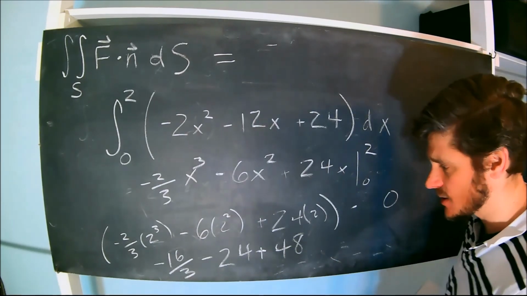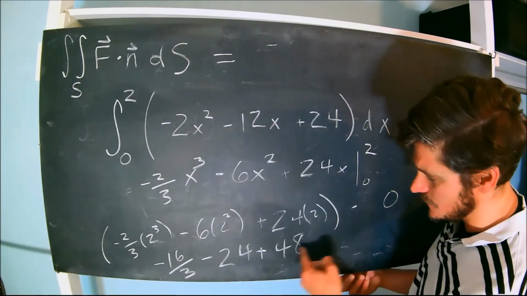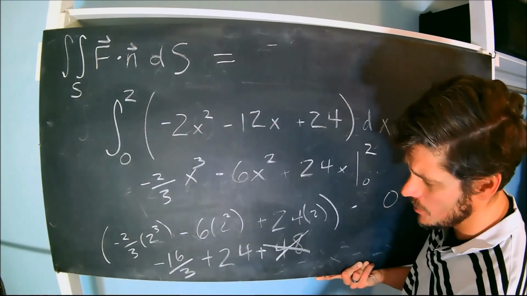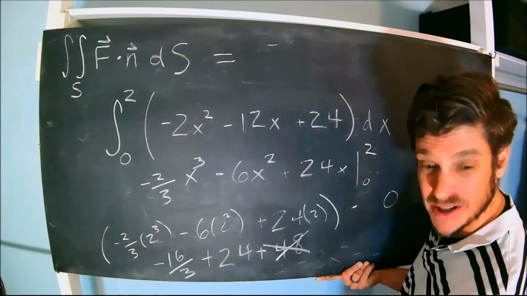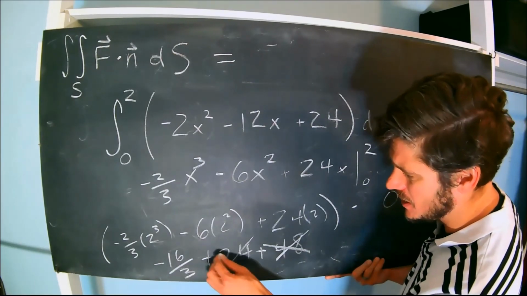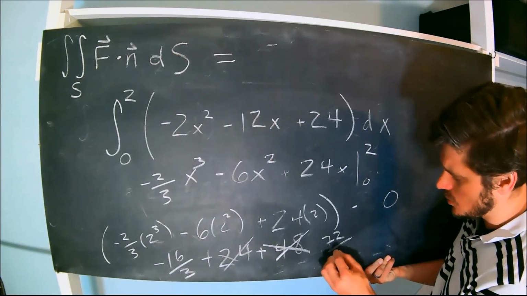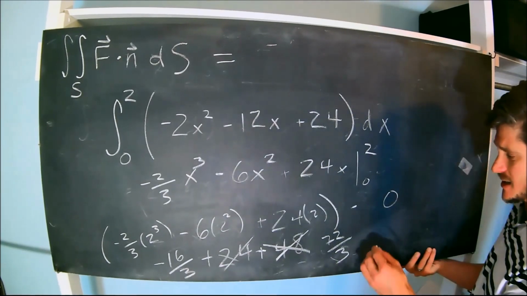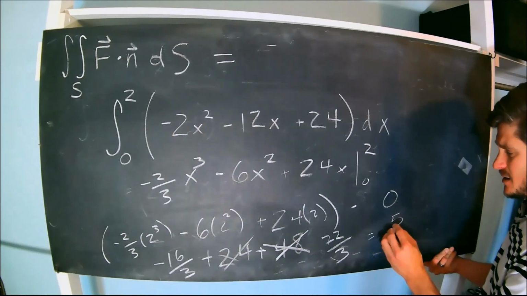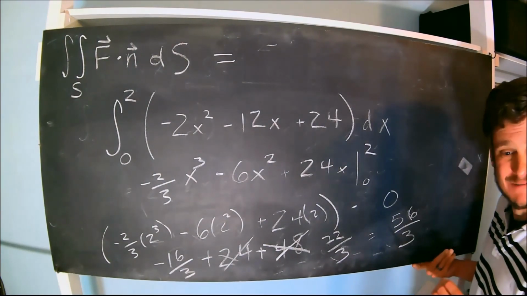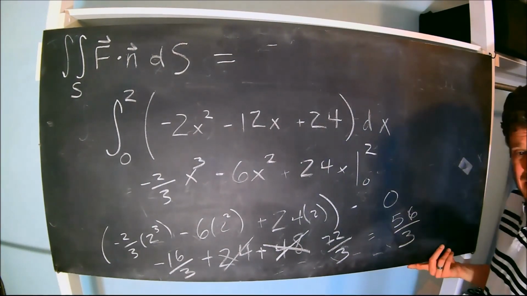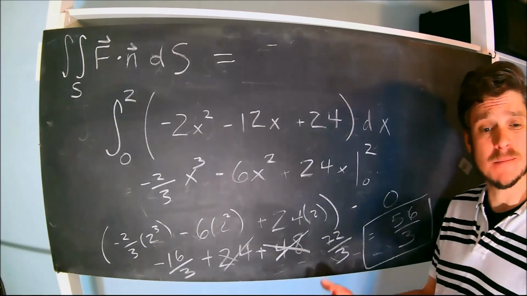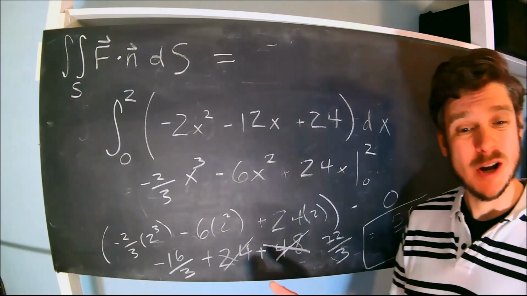All right, we're almost there. 48 minus 24 is really just plus 24. Want to do common denominator stuff here. 24 is really 72 thirds. So 72 thirds minus 16 thirds is 56 thirds, and that is my answer, 56 thirds. There we go.